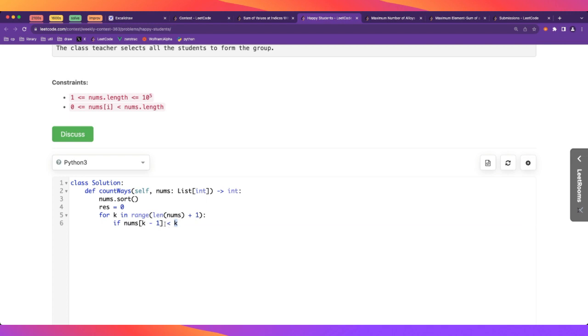That's going to guarantee that the first K elements are less than K, right? Because this is sorted. And the rest should be greater than K. And that's going to be guaranteed by that. And in that case, it means it's consistent and we count it.